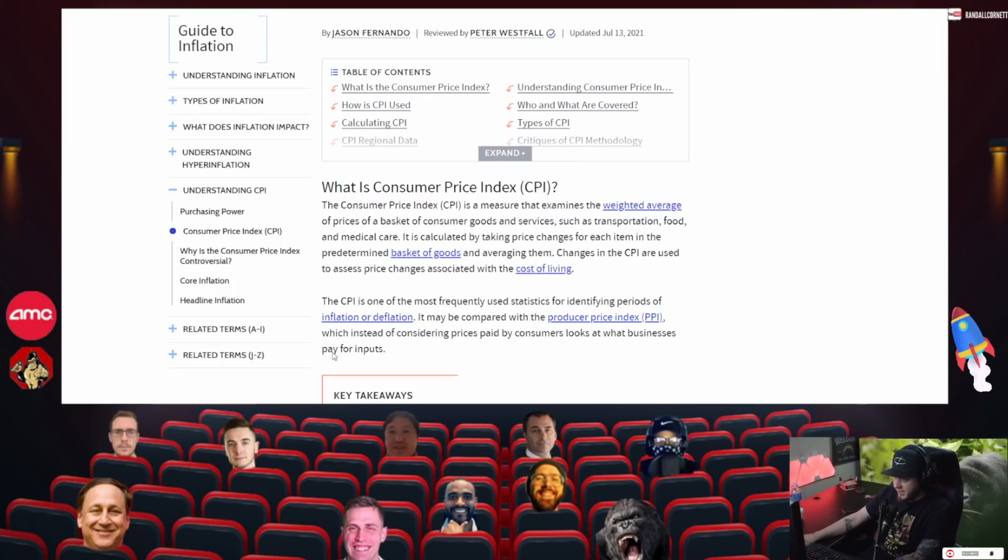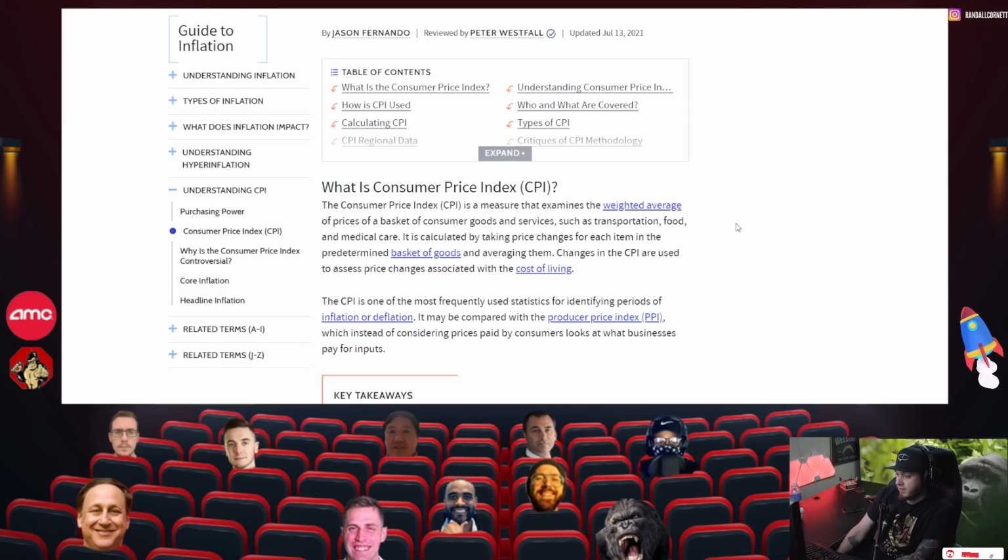The consumer price index is a measure that examines the weighted average of prices of a basket of consumer goods and services such as transportation, food, and medical care. It is calculated by taking price changes for each item in the predetermined basket of goods and averaging them. Changes in the CPI are used to assess price changes associated with the cost of living.